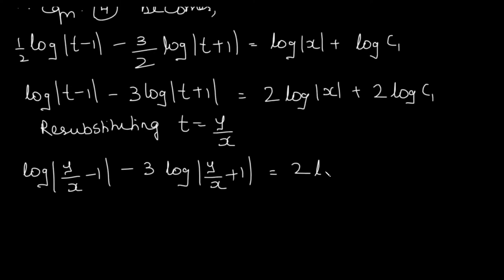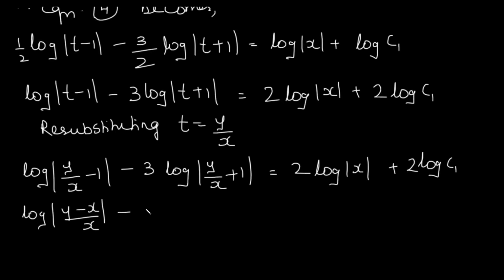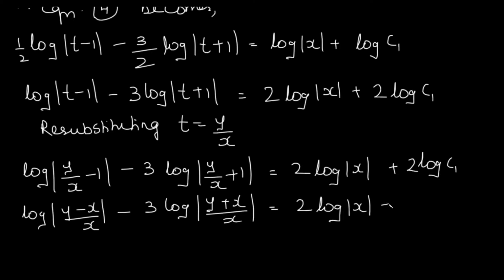The RHS remains the same. Then in the next step we cross multiply. So we get log y minus x upon x. The same thing in the next term also, log y plus x upon x. And RHS the same thing.